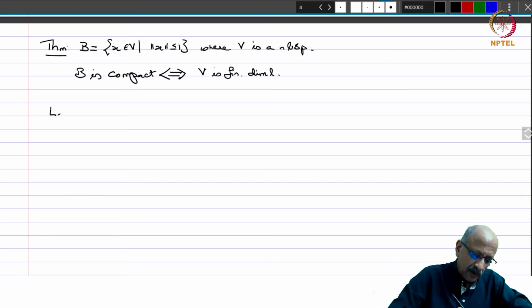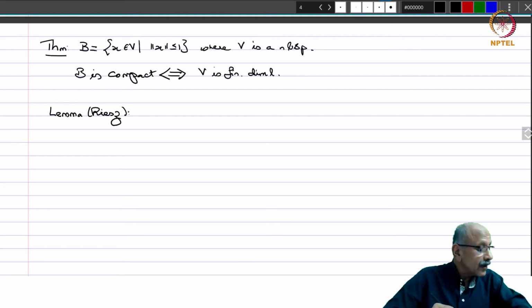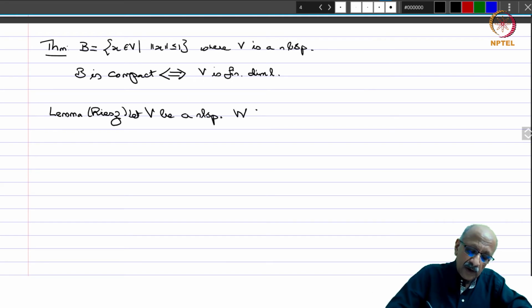So we have a lemma due to Riesz. Let V be a normed linear space and W contained in V a closed and proper subspace.